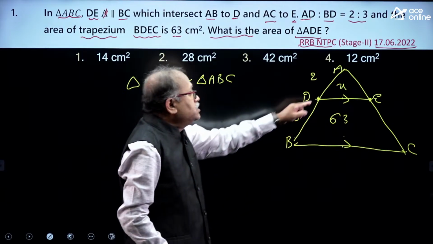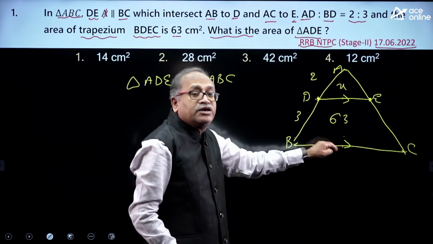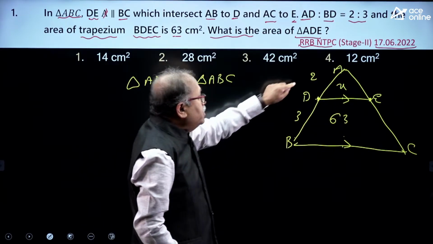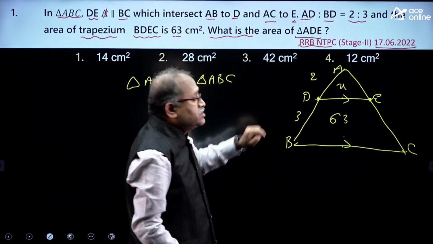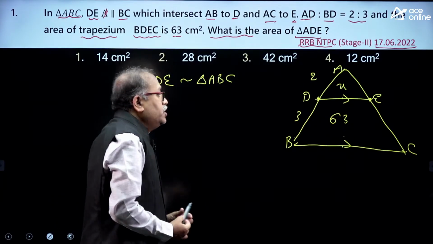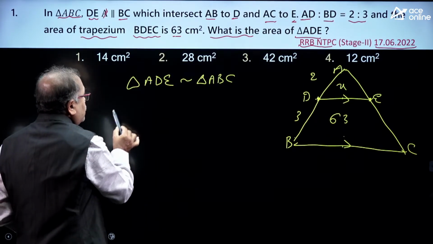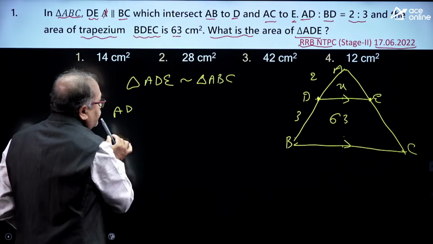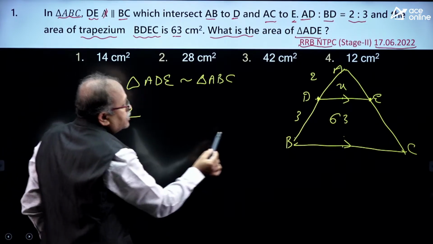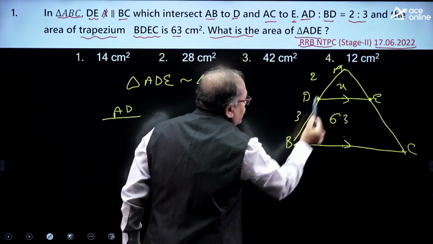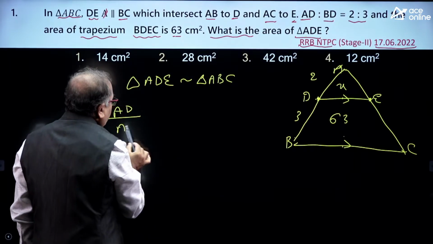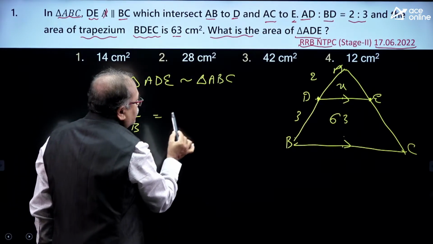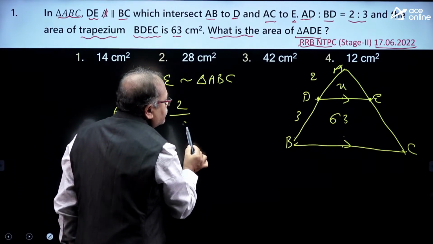If this is 2 parts, this is 3 parts. So we have AD by AB, which is equal to 2 by 5.